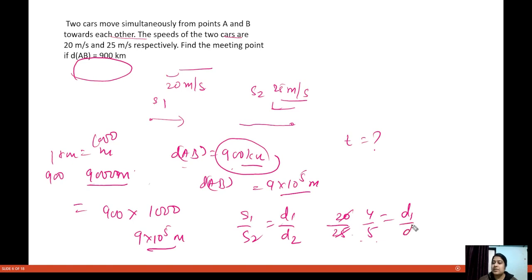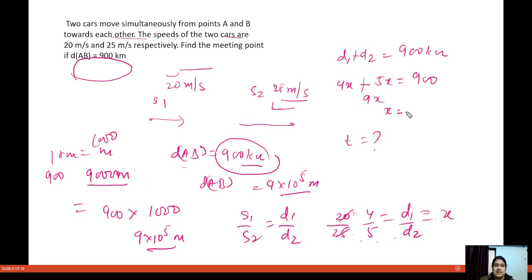So the ratio of their distance is 4 by 5. Now you know d1 plus d2 will be equal to 900 kilometers. So 4x plus 5x is equal to 900 kilometers. That means your x is 100 kilometers.